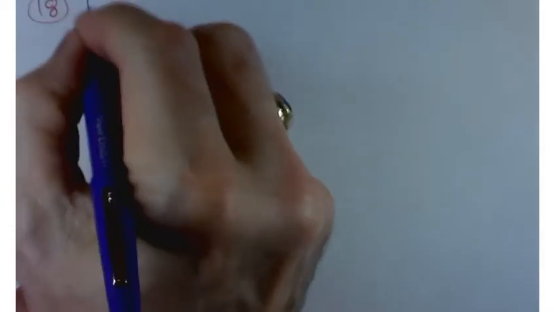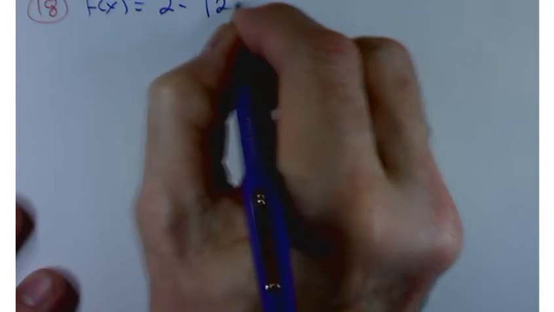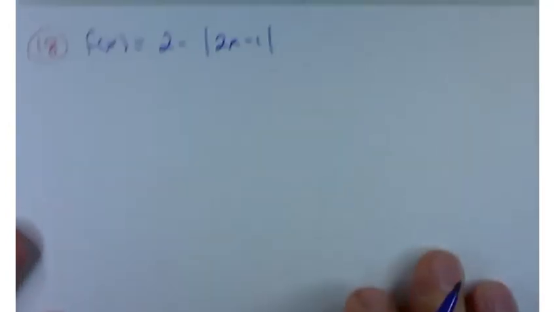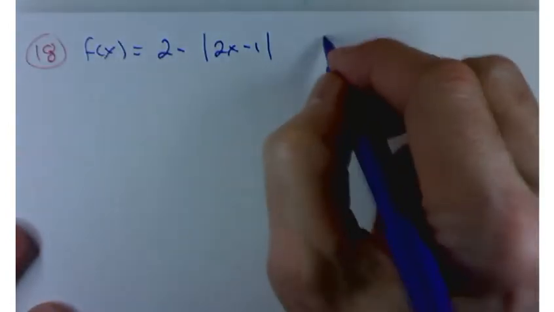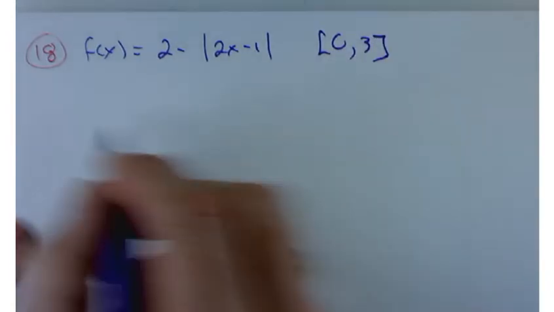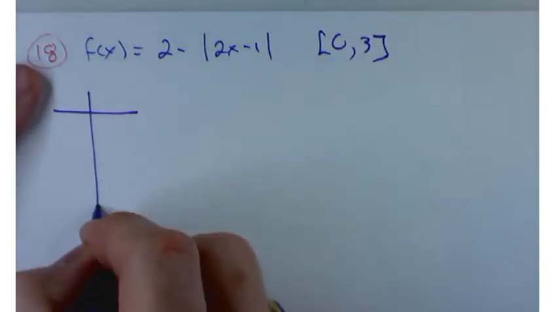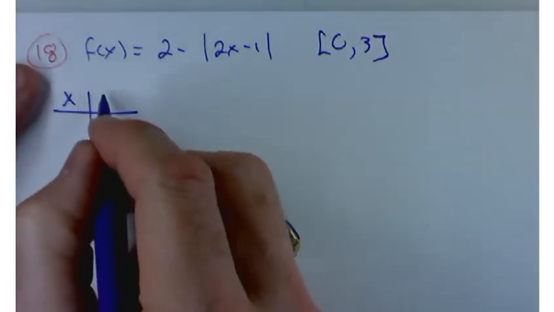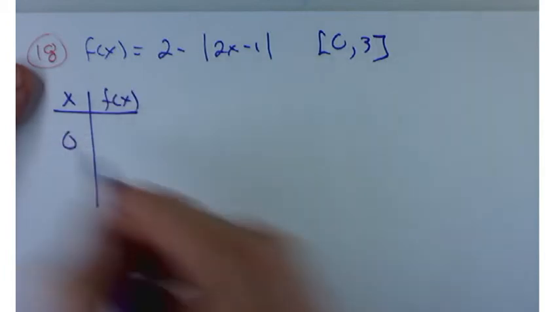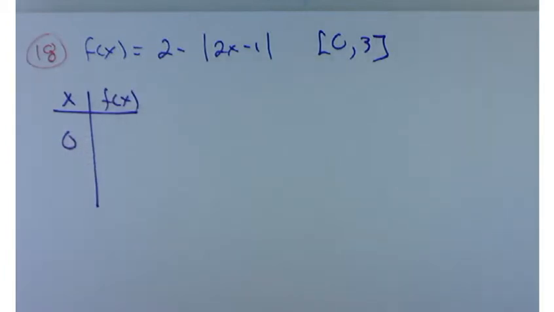So, let me copy down the problem here for us real quick. F of x is 2 minus 2x minus 1 in absolute value on the interval 0 to 3. So x and f of x, 0 would be 1.